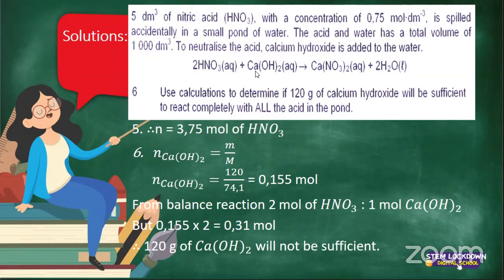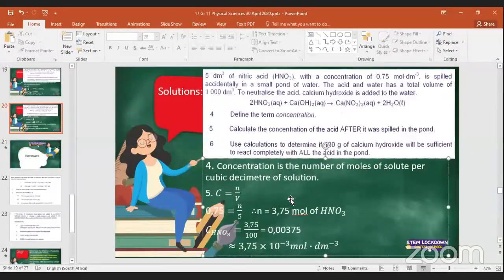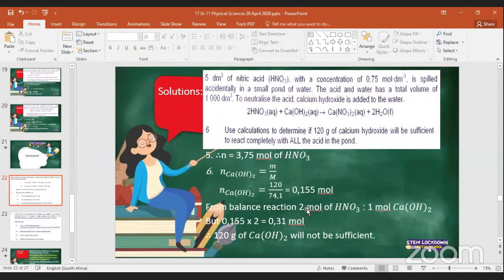And then 120 divided by 74,1 should give you, let's just escape a bit and then do it again.